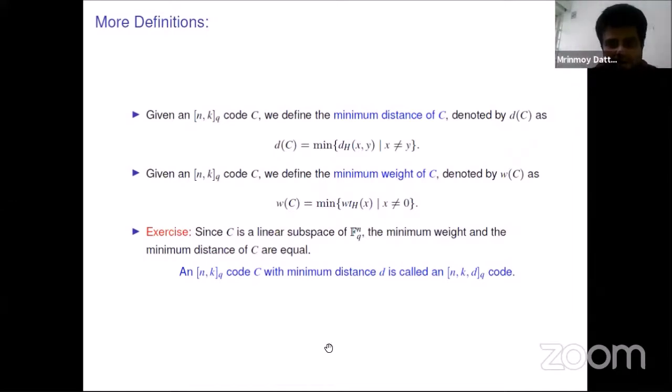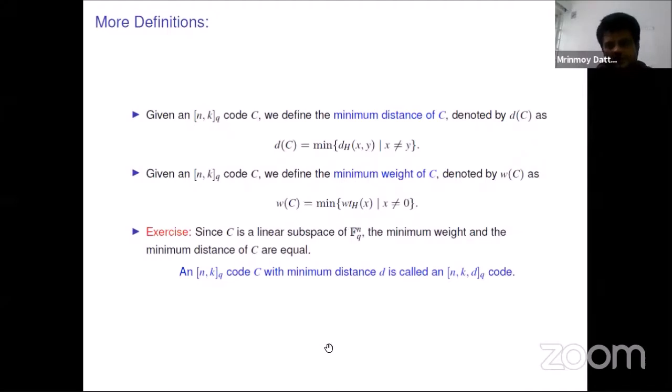This is something called the minimum distance of a code C. This is invariant of any code words; it just depends on the code itself, C. We denote it by d of C. So we take all pairs of distinct code words x and y, and compute their Hamming distance. We take the minimum of all the numbers thus obtained, and that is called the minimum distance of C.